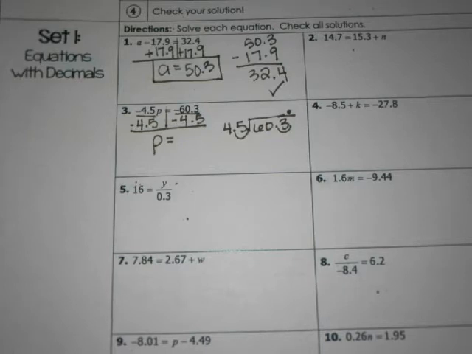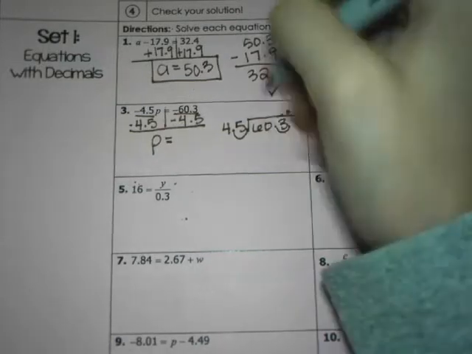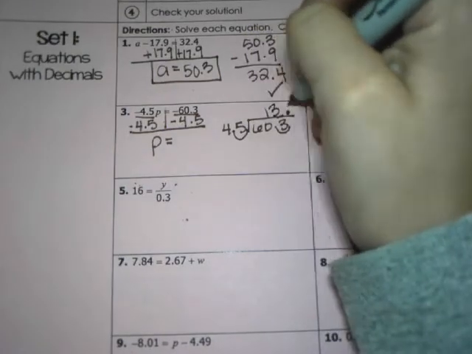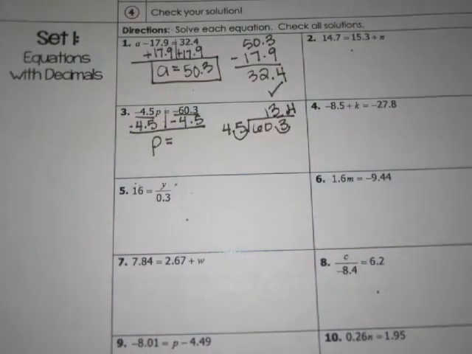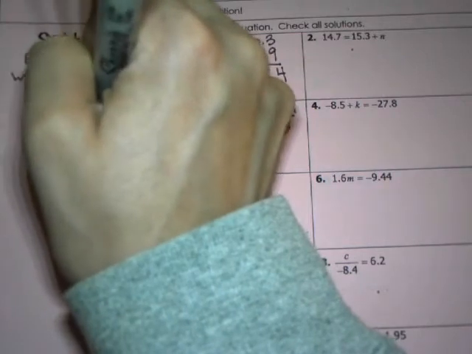What do we get, guys? You should have told me 13.4. Now, how do I check that? Okay, everyone do 13.4 times 4.5.